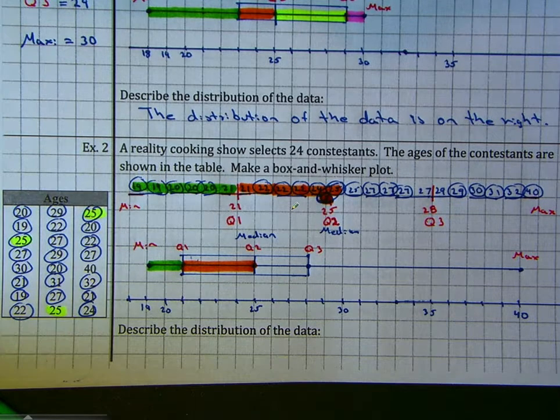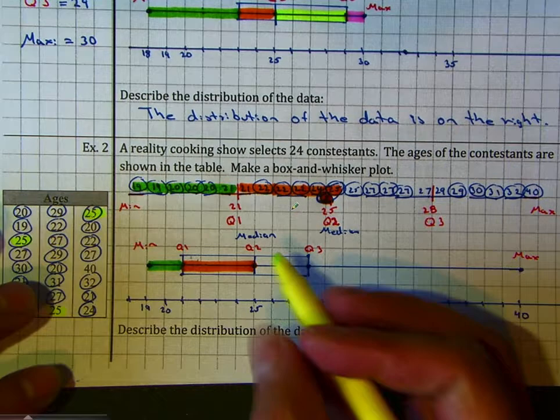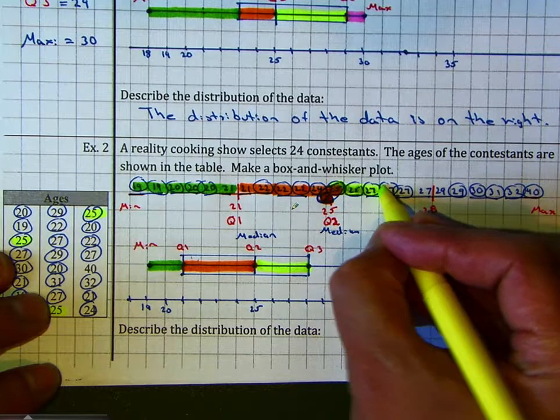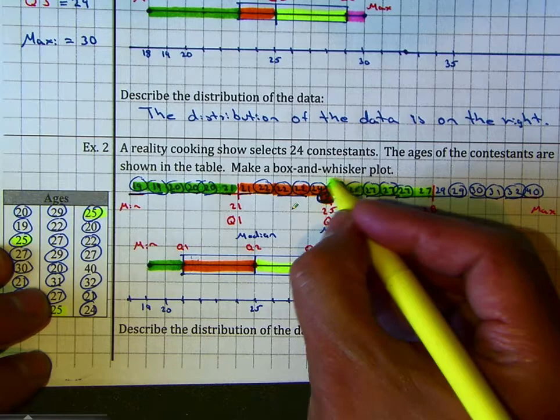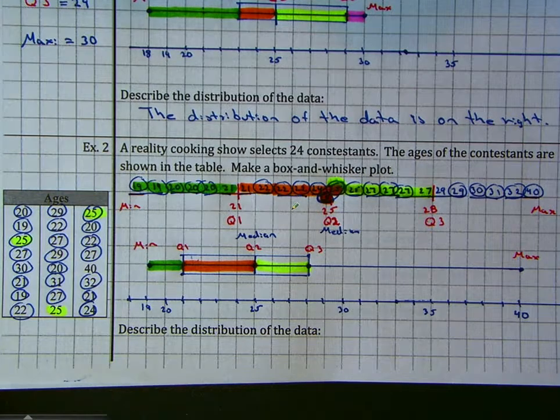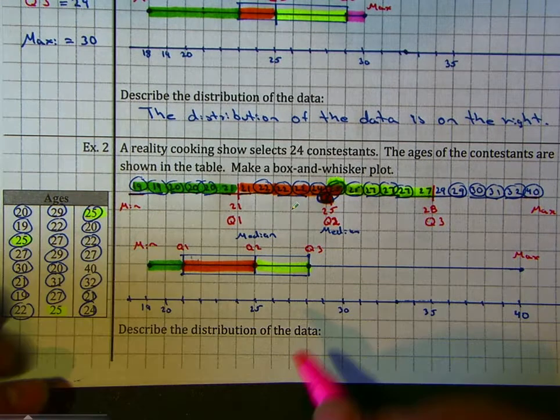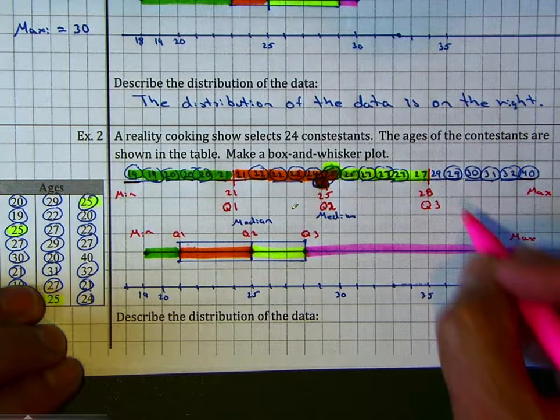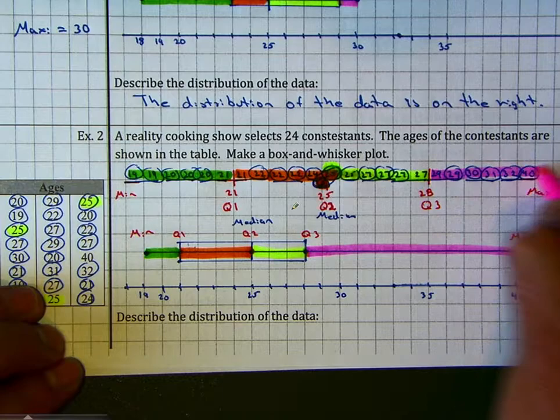And then the next one is the second smallest one. Also has 1, 2, 3, 4, 5, 6 numbers, including this 25. And the last one, even though it seems that it's the one that should have the most number of points, also has 6.